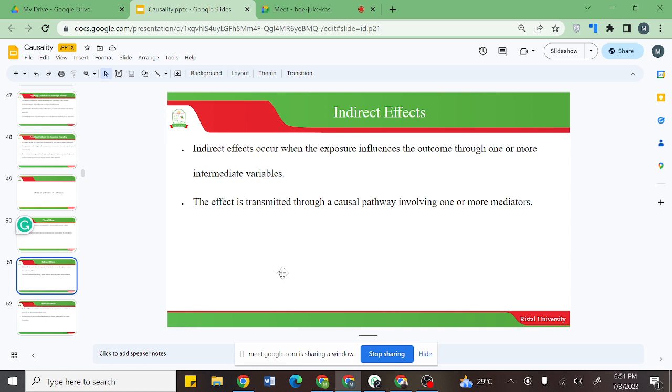Maybe he was drunk, and also there was no road signage, and then the accident happens. So that path from lack of driving skills, to driving when you are drunk, and then also there are no road signs, and then the accident happening. Okay, so that is what we call the causal pathway.